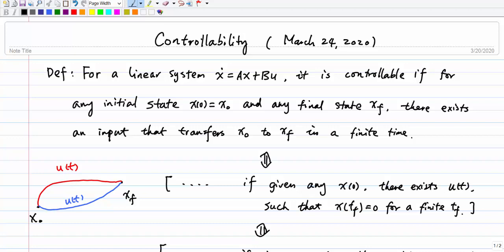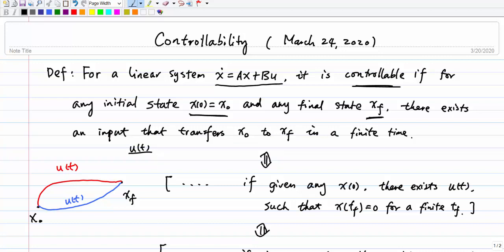So here's the definition of controllability for a linear time invariant system. If you're given a linear system of the form x dot = Ax + Bu, which is the typical form for a linear time invariant system, the system is controllable if for any initial state x0, the initial state at time 0, and any final state xf, any final state you want to reach, there always exists an input u(t) that transfers x0 to xf in a finite time.